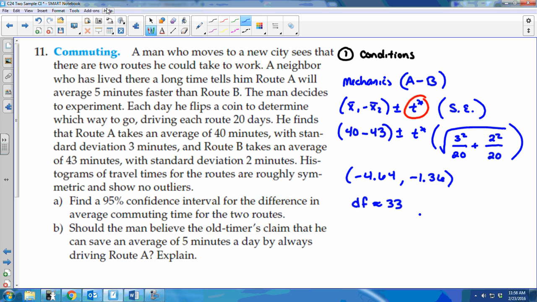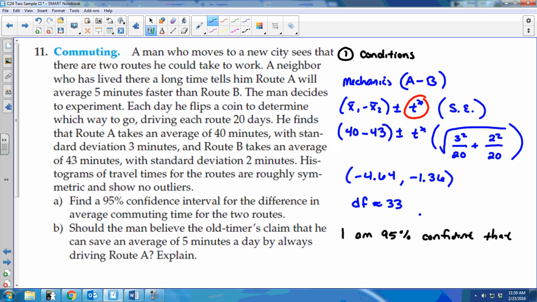We need to now write a conclusion. I'm going to write it two ways. I'm going to write the way that I think sounds better, and then I'll write the way that maybe you would probably write it. So I am 95% confident. You always start it that way.